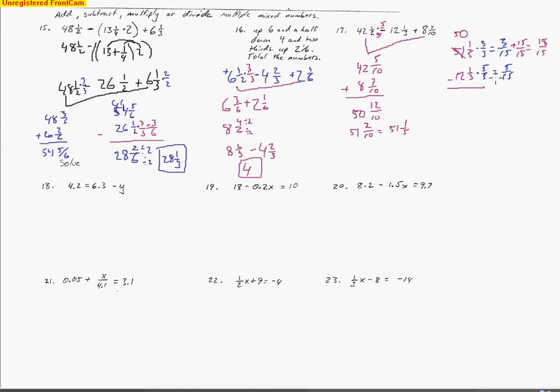And now I can go ahead and set up the subtraction. 5 from 18 leaves me with 13/15. And I do 50 minus 12, so make sure you borrow correctly here. 10 minus 2 leaves me with 8. 4 minus 1 gives me 3. So 38 and 13/15 is the answer.